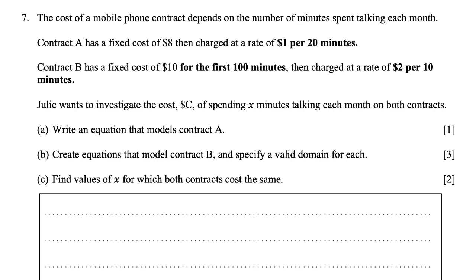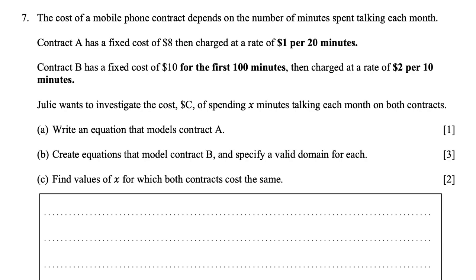All right, the final question in paper 1, question 7. The cost of a mobile phone contract depends on the number of minutes spent talking each month. Contract A has a fixed cost of $8, then charged at a rate of $1 per 20 minutes. Contract B has a fixed cost of $10 for the first 100 minutes, then charged at a rate of $2 per 10 minutes.